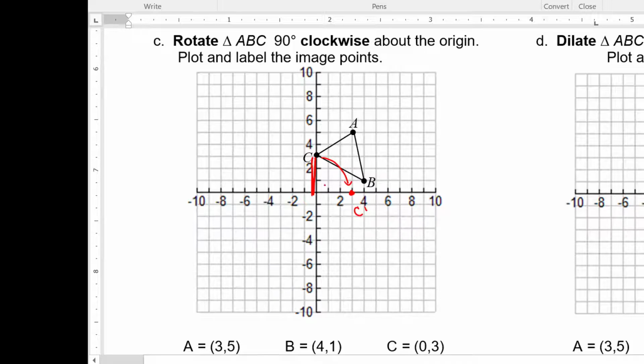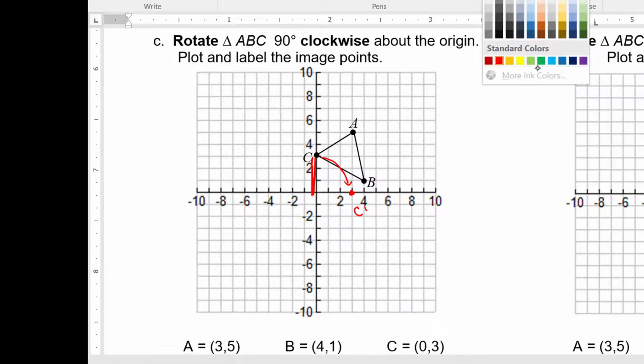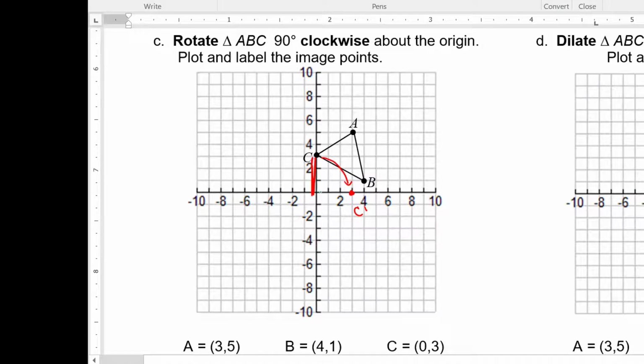Same thing with the B. If I take this and create a little hand of the clock here, it's going to rotate 90 degrees and end up right there. That's going to be my B prime.